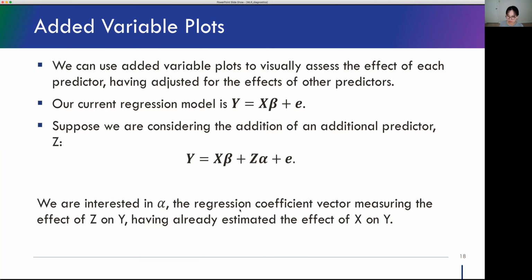So this alpha is the regression coefficient measuring the effect of this predictor z on your response y, having already estimated the effect of x on y. So we want to get this alpha after we have adjusted for the effect of x on y.